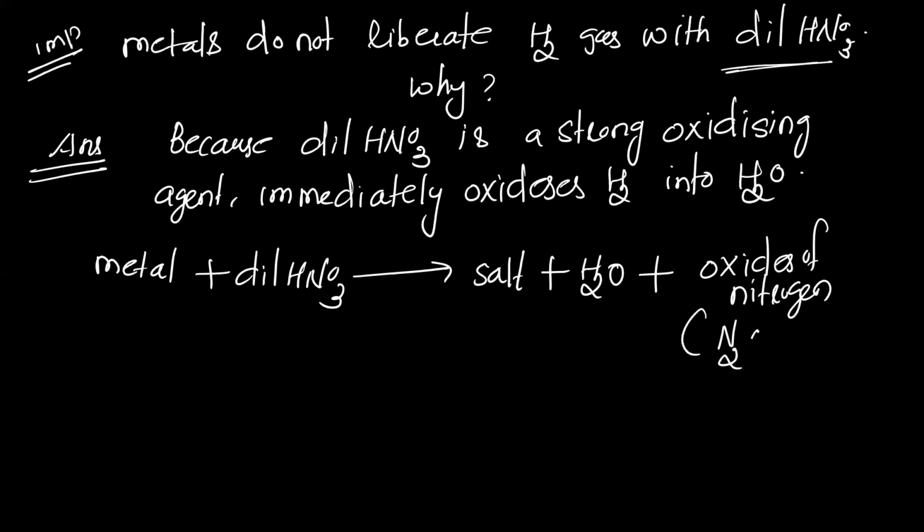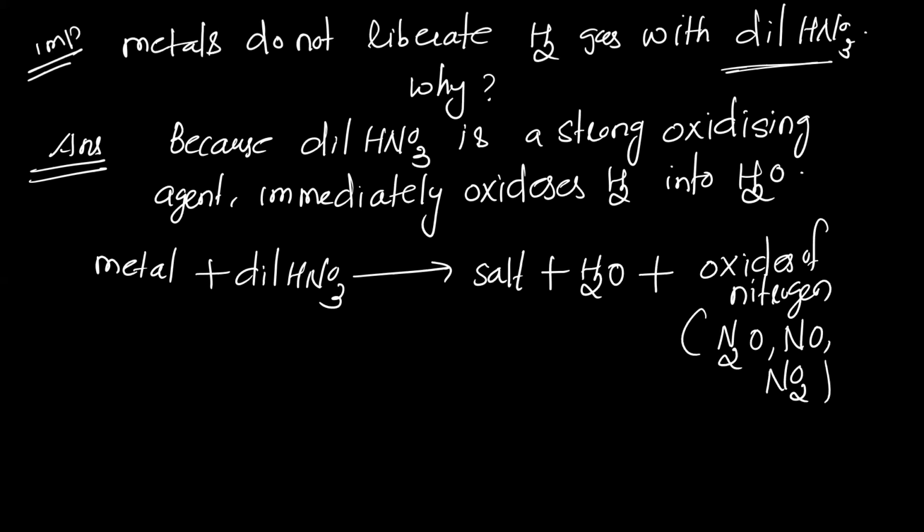It can be N2O, it can be NO, it can be NO2, depending upon the concentration of HNO3 you are taking, 5%, 10%, 20%. Depending upon the concentration, they will produce different oxides of nitrogen. Apart from that, salt and water will be there. So metals do not liberate the hydrogen gas with dilute HNO3.